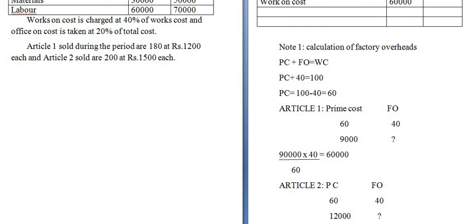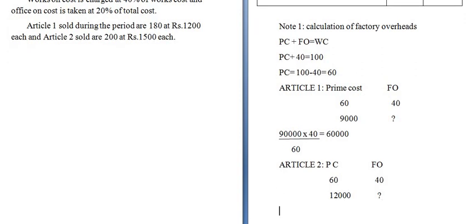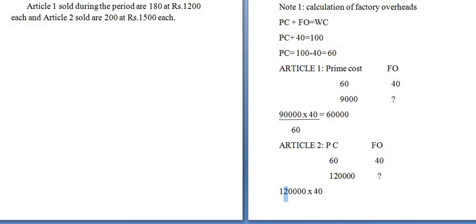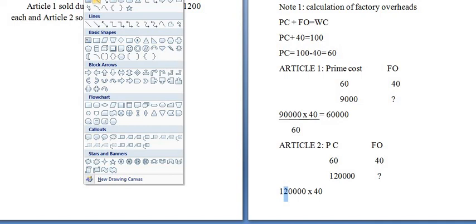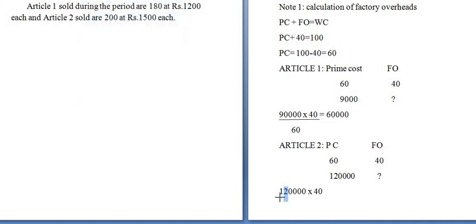Again calculate this: 1,20,000 into 40, divided by 60.